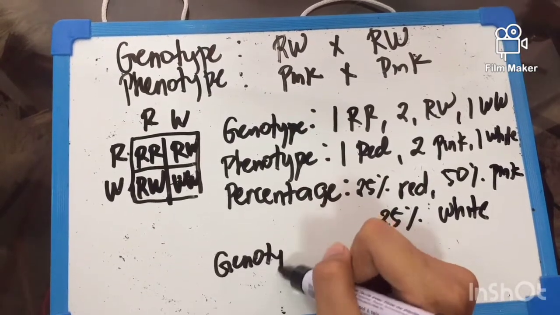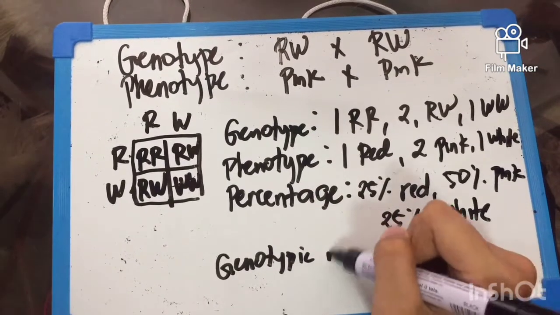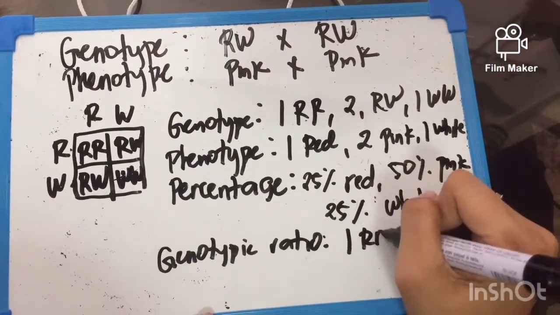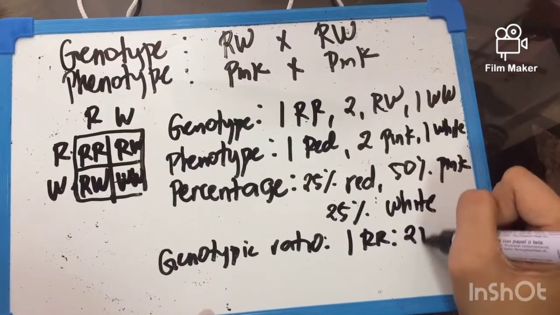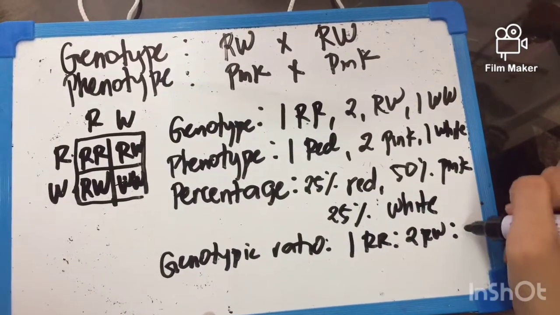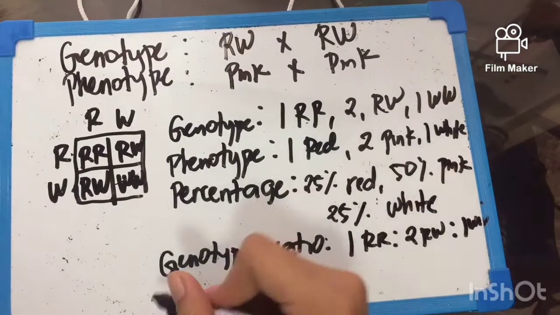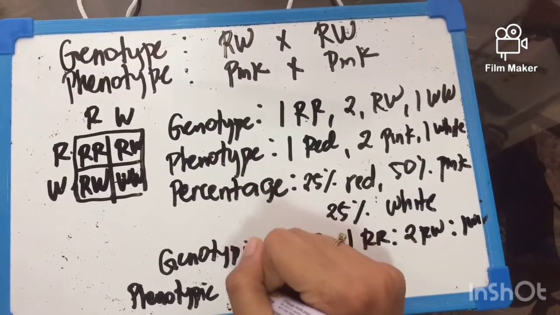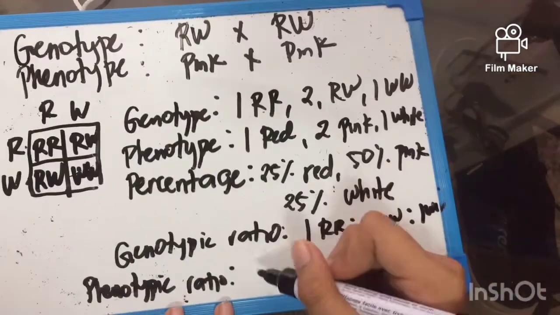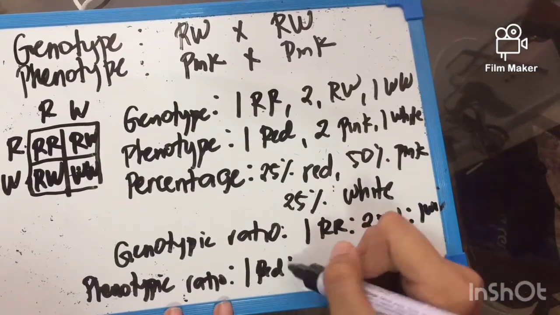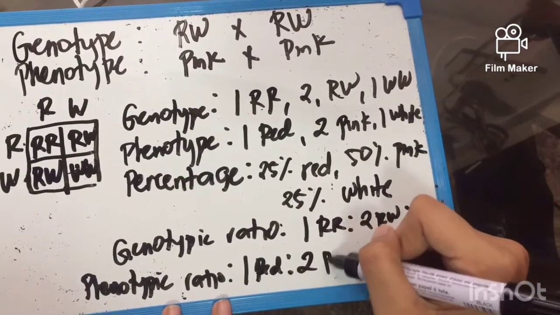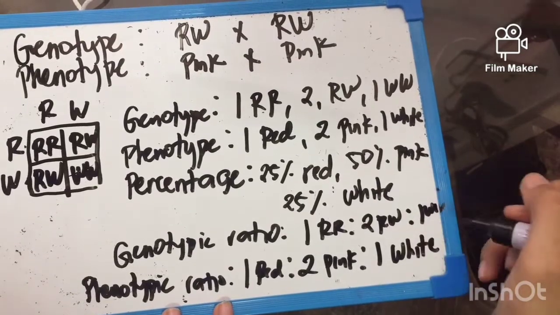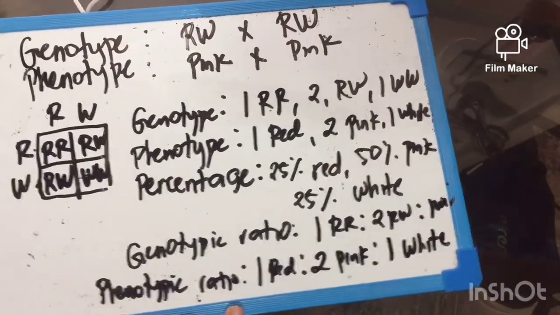The genotypic ratio is 1 RR is to 2 RW is to 1 WW. Now let's have the phenotypic ratio: 1 red is to 2 pink is to 1 white. So that is for your sample problem.